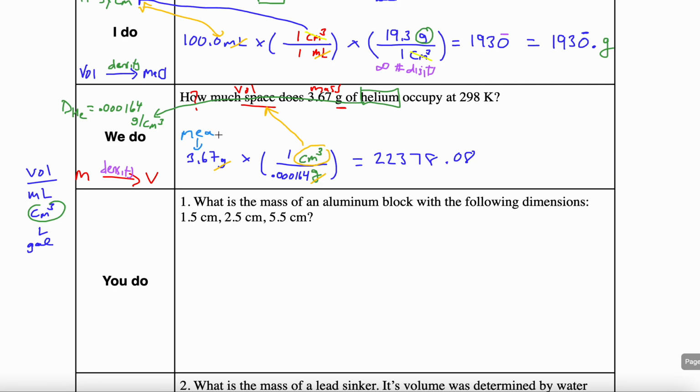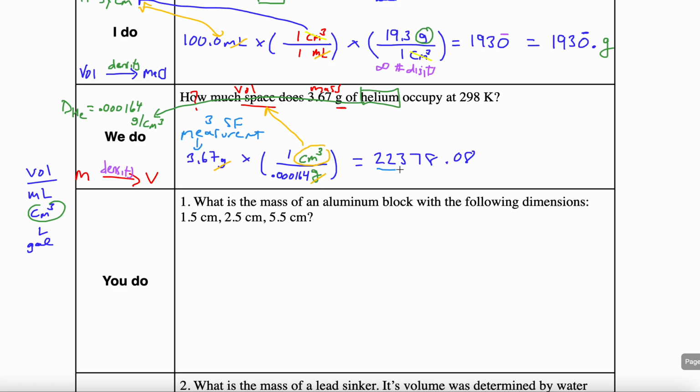So this is a legit measurement, so it has sig figs, and it has 3. The density of helium is a relationship, so just like the one for gold, it has an infinite number of digits. If you look at another reference, it could be several more digits beyond the 4. So we can only keep 3 sig figs.